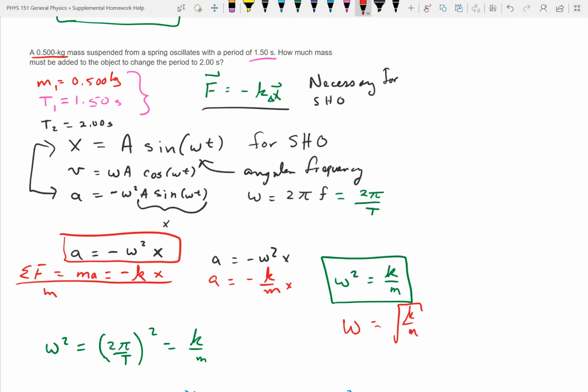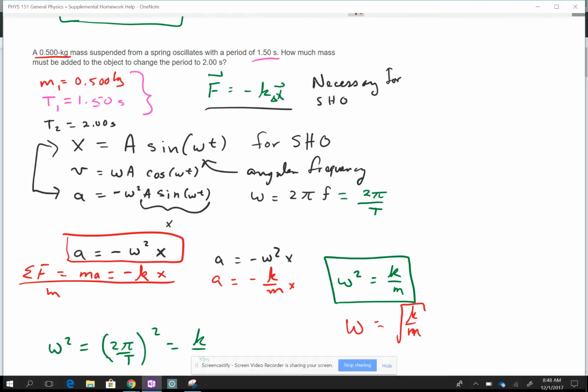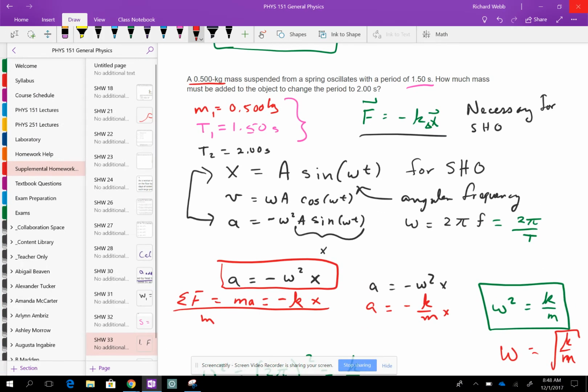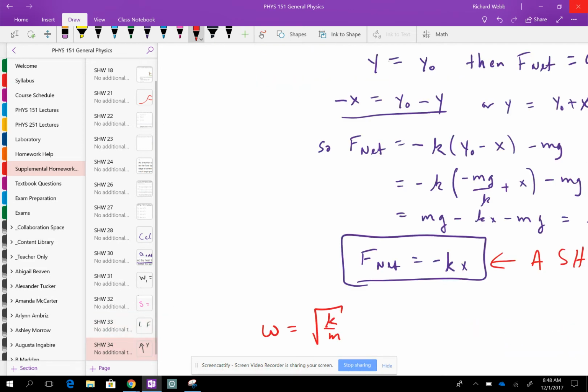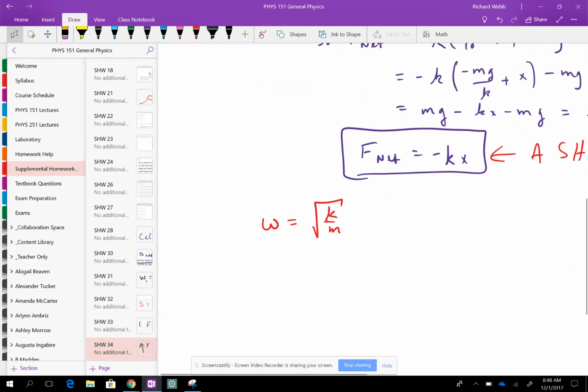Any strict mathematician says, oh, there are two answers, plus and minus, but omega is always positive. So we throw away the minus one in case there's confusion there. So that's now where we're going. Now that we have established it's a simple harmonic oscillator, this problem is a one-liner solution.